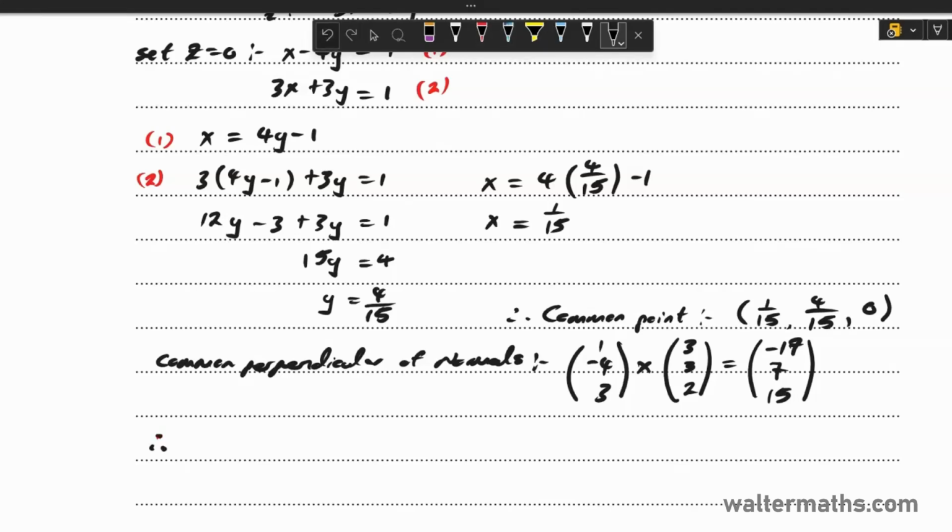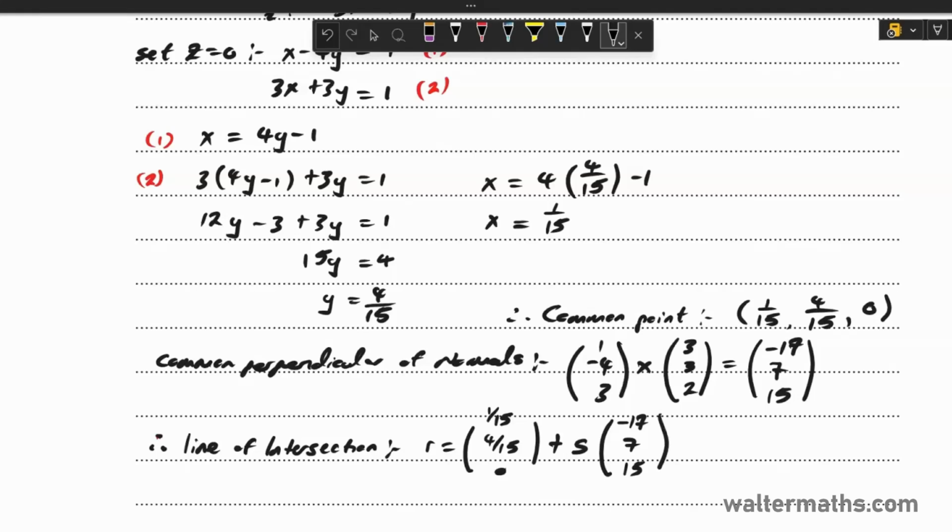So therefore, the equation of the line of intersection will be r is equal to a point on the line, which we got to be the common point, which is (1/15, 4/15, 0), plus s of the direction vector, which is the common perpendicular of the normals, (-17, 7, 15).